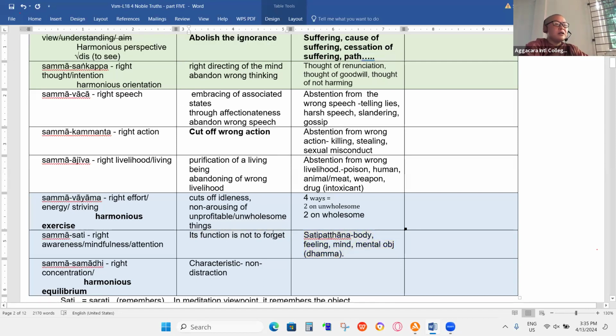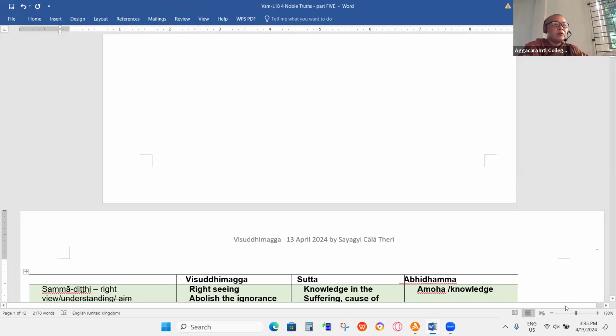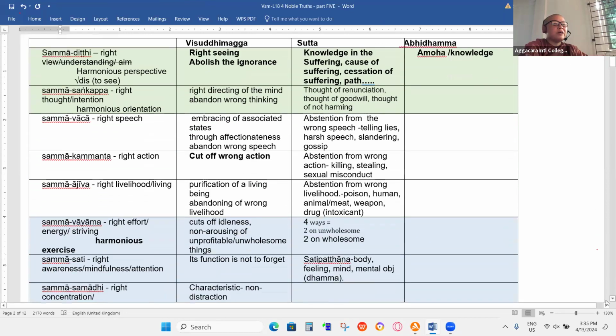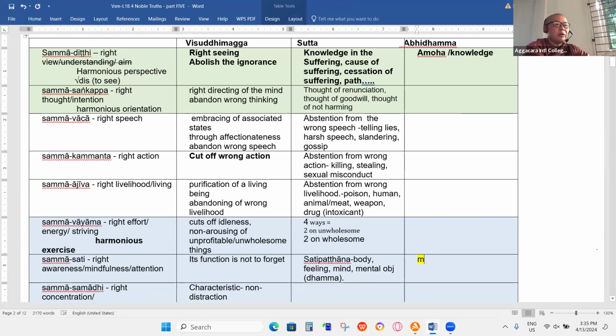Now in terms of Abhidhamma, if we are thinking about what is Satipatthana, we can go very detailed like just now. Satipatthana, besides talking about mindfulness, we can also talk about effort and knowledge, and the object will be on your rupa and also nama, right?